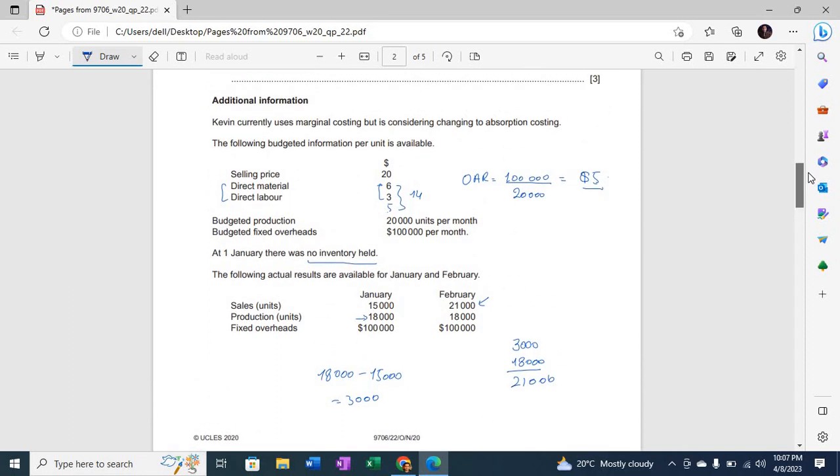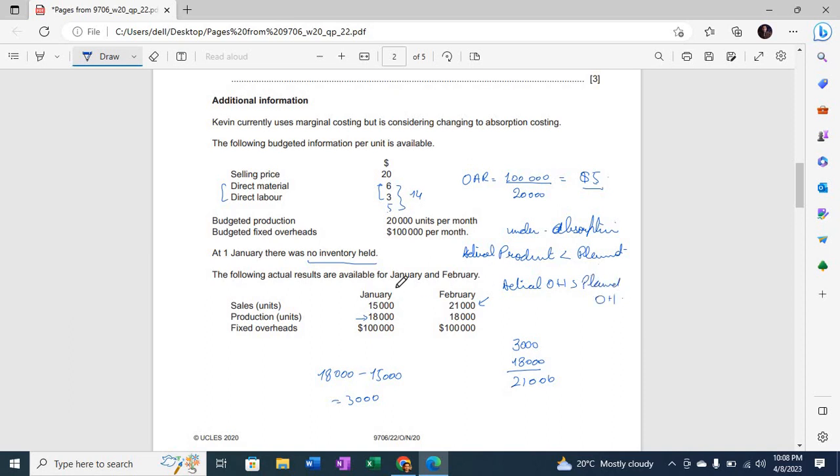You should remember the rule of under and over absorption. When you produce fewer units than planned, it will be under absorption. The conditions for under absorption are: actual production is less than planned production, or actual overheads are more than planned or budgeted overheads.